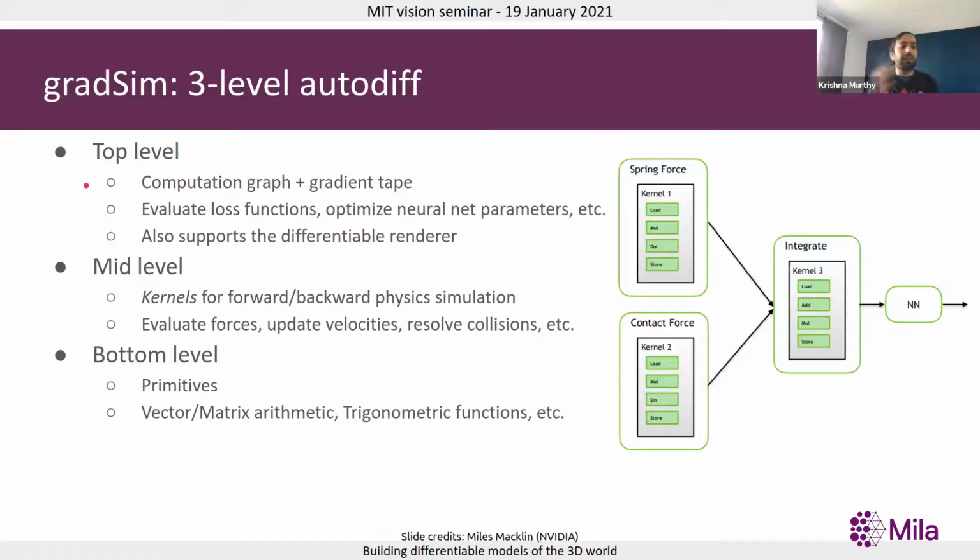This means you can implement neural nets in PyTorch, and in fact, our differentiable renderer is implemented in a combination of PyTorch and CUDA, and this all plays well, and you get gradients all the way back to, let's say, the physical parameters defined here.